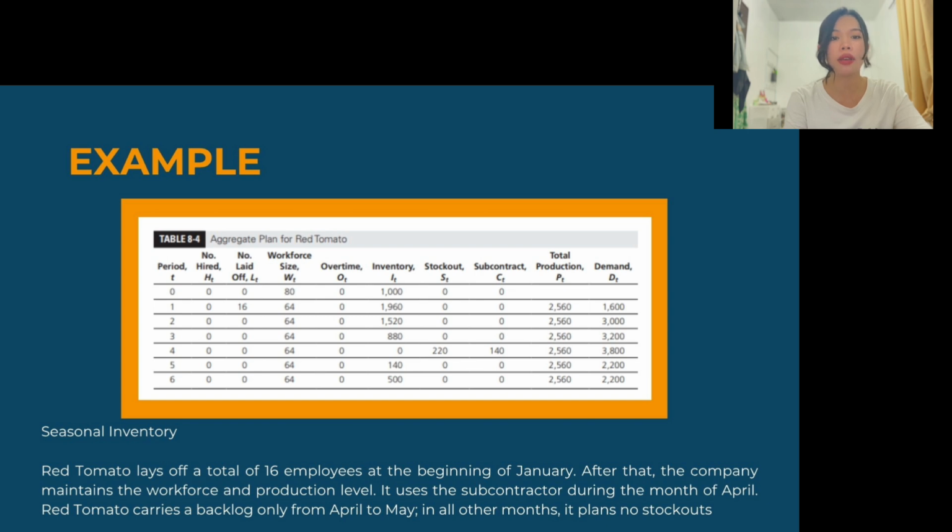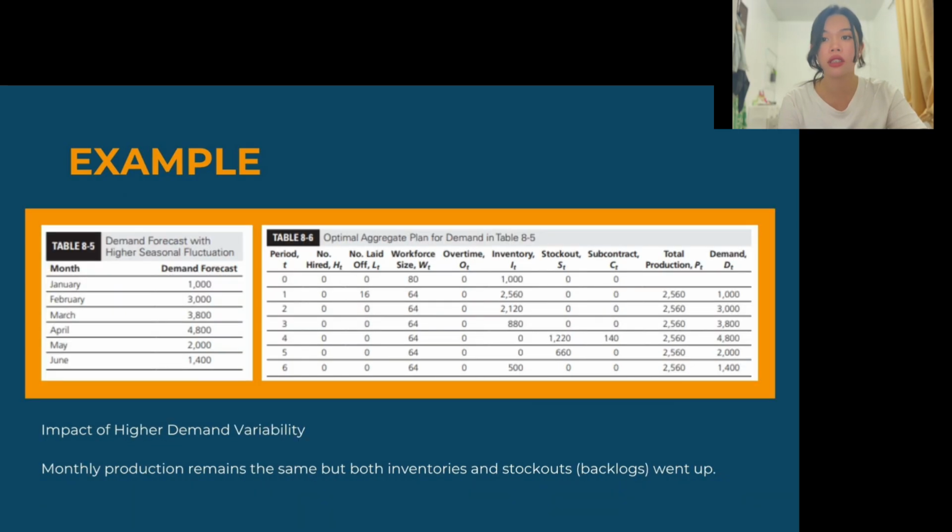So what will happen if the demand suddenly grows or fluctuates? If the seasonal fluctuations of demand grow, synchronization of supply and demand becomes more difficult, resulting in an increase in either inventory or backlogs, as well as an increase in the total cost of the supply chain. Here in the example, table 8.5, we can see that the demand suddenly fluctuates, so the monthly production remains the same, but both the inventory and the stockout backlogs went up.